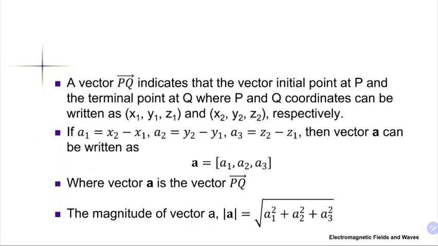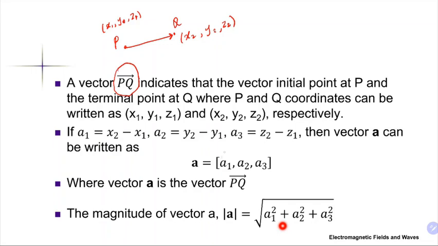So if my P is (x1, y1, z1), and my Q is (x2, y2, z2), then I can work out my vector A, or my vector PQ, pointing from P to Q. And then we can work out our vector A.